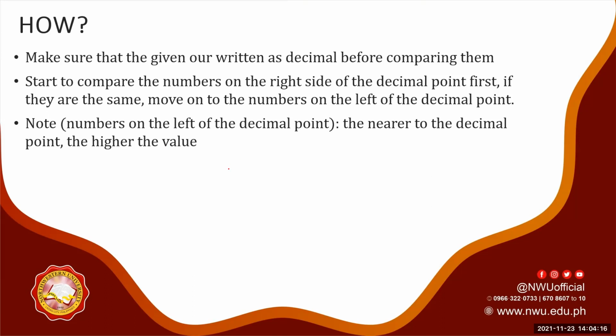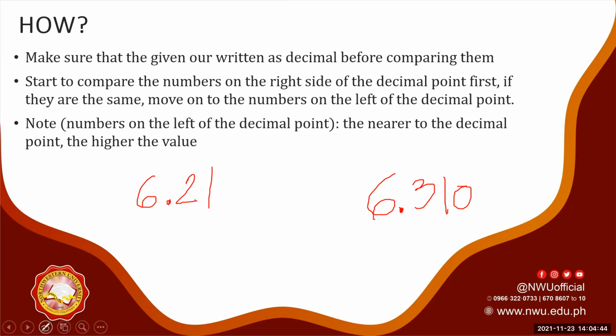Pero if you are given such case, ang gagawin niyo dapat una is to make sure that all of the decimal numbers or decimal places nyo ay magkapareho. For example, you have 6.21 and you have 6.310. Now, as you can see, parehas sila ng whole numbers.